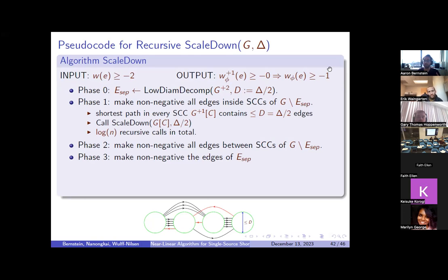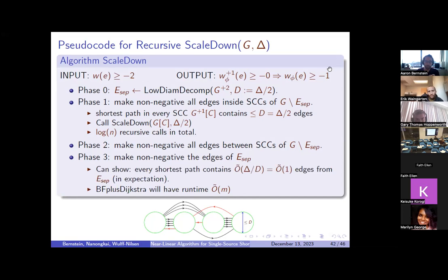Okay, what about phase 3? So in phase 3, d is delta over 2. And so every edge is a cut edge with probability 1 over d. So intuitively, all your paths contain at most delta edges. And now every edge becomes a red separator edge with probability 1 over d.